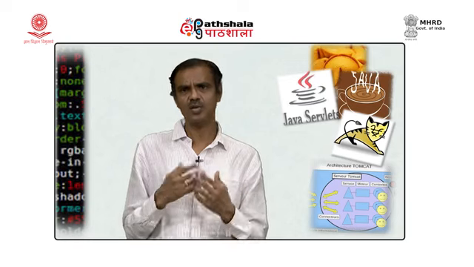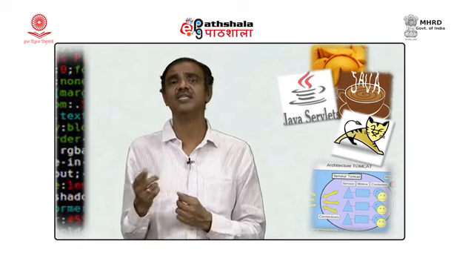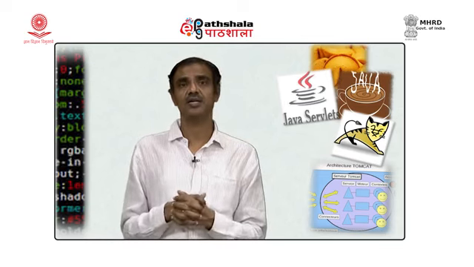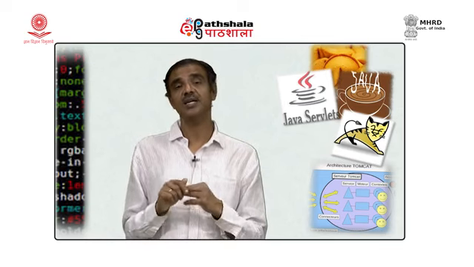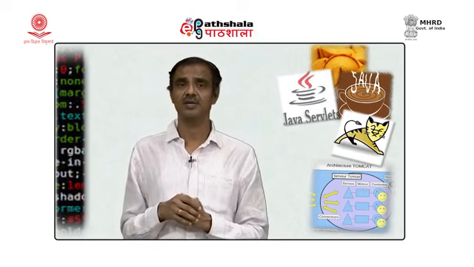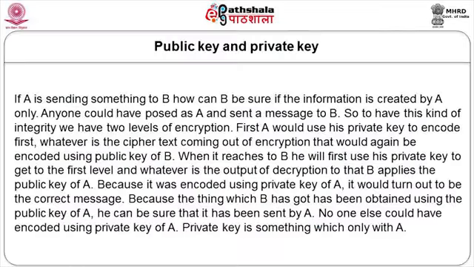So, you encode using the public key of the recipient, that is one aspect, but to improve upon it, there was one more aspect. If A is sending anything to B, how is B sure that it has been created by A only?